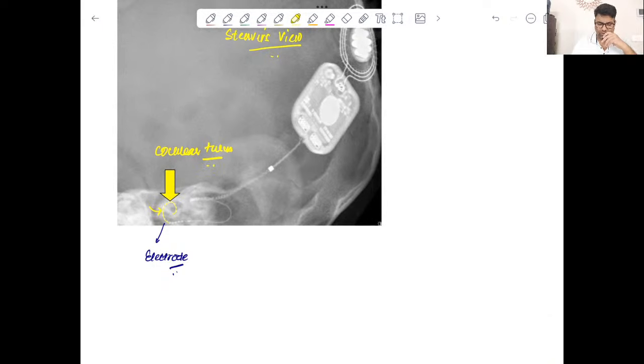That is very important for you to remember. The electrode is placed within the cochlear turns, and therefore you will see a slightly curved configuration here. So this is a cochlear implant, and this is the electrode of that cochlear implant.